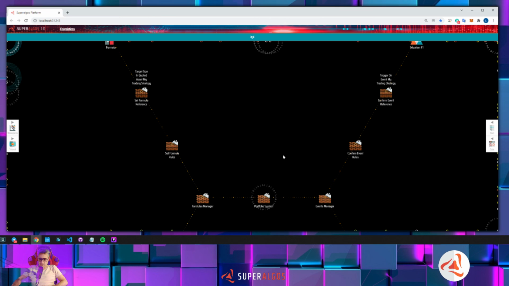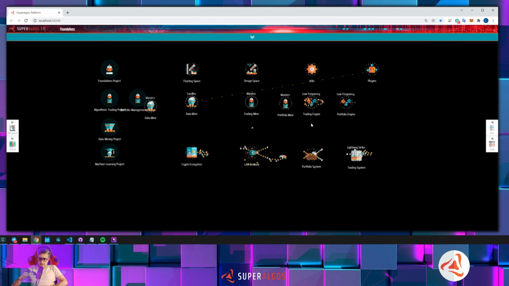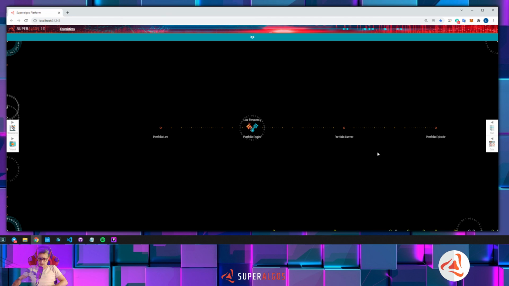All the bots check in and check out, run their stuff. And then the information is copied from the current to the last, all the current to the last, including the balances.